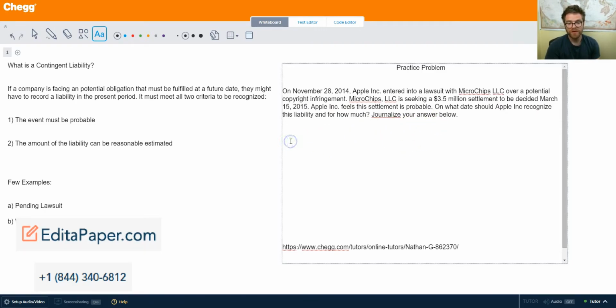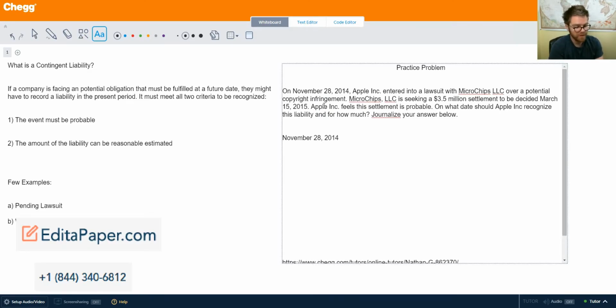So here we have a little journal entry we're going to write in. Since Apple feels it is probable, that meets the first criteria, and the amount is reasonably estimated. So it meets both criteria, so they do need to recognize this in the present period. So they will record this on November 28th. Here's the journal entry.